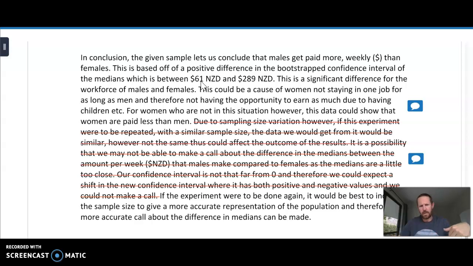You remove the top 2.5%, the bottom 2.5%, and you get this interval. And as long as this bottom value is 1 or higher, you can make the call. We're not making the call at the moment, but we can make an inference that the difference in medians would be a positive difference, not one negative and one positive. So just because this bottom number gets close to 0, there's still enough statistical evidence to say that there's a positive difference in medians, and make sure you include the context.